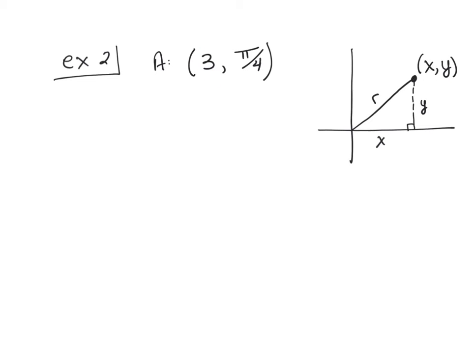If r is 3, then I could figure out x and y by just doing a little Pythagorean theorem. I'm looking at a 45, 45, 90 triangle because I'm looking at an angle of pi over 4. So I know that this angle of rotation is a 45-degree angle.